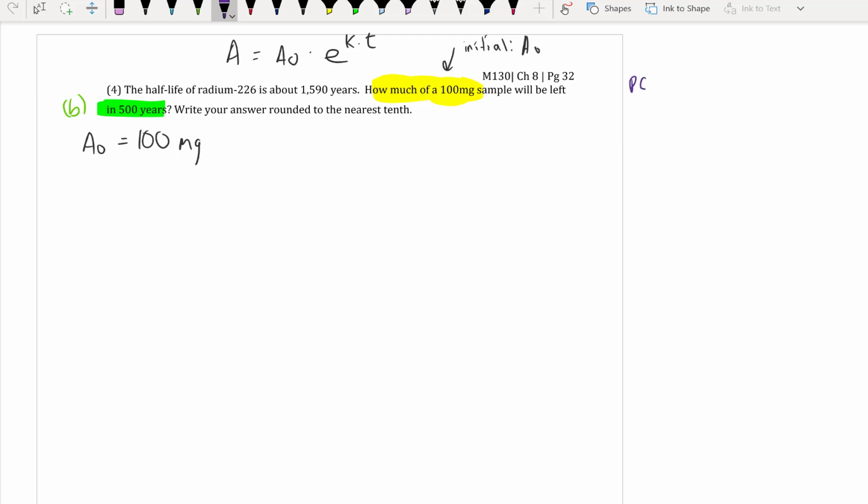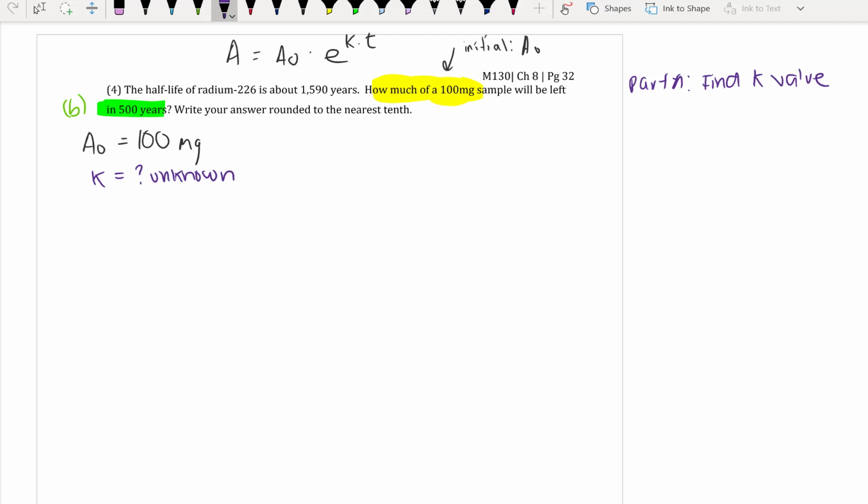Because in part A, we have to find the k value first. So we need to figure out the k value before we do anything else. So k is unknown. But once we figure out the k value, we're going to figure out what's going to happen in 500 years.